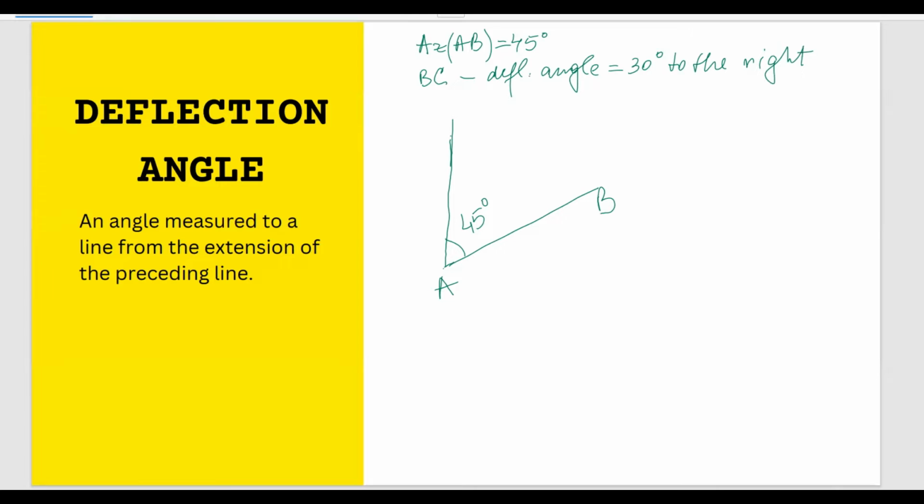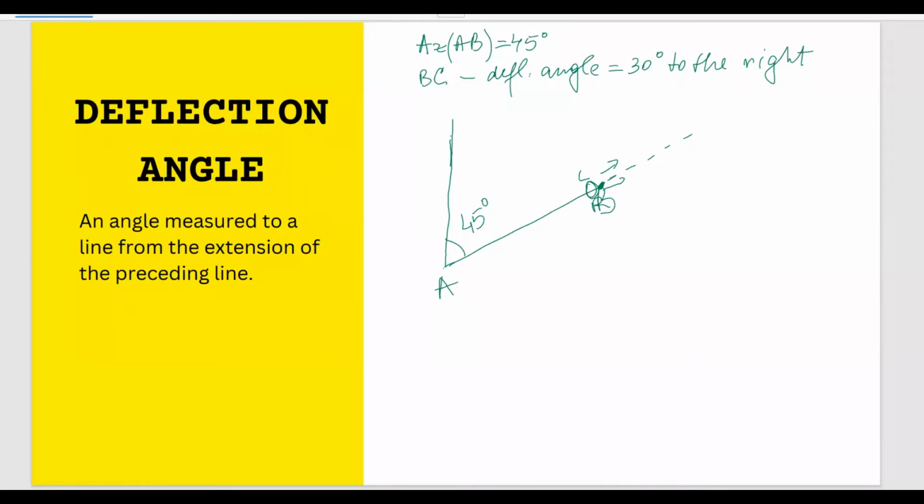In order to understand, so this is the point B where this AB line ends. And in order to be able to draw the next line, imagine that you're standing on this line and you're looking forward. I'm going to extend line AB. And if you're looking in this direction, this is your right hand right here, and this is your left hand. And now we are told that BC has a deflection angle of 30 degrees to the right.